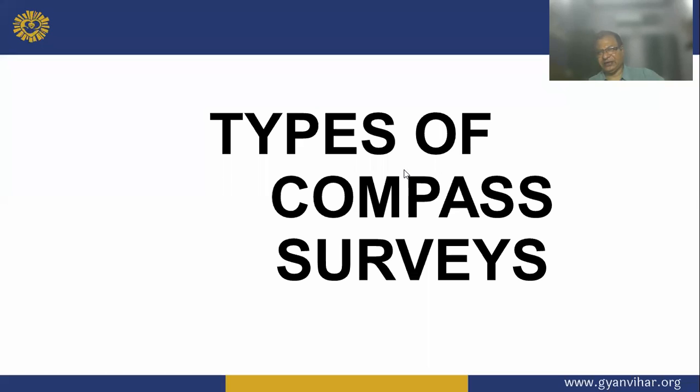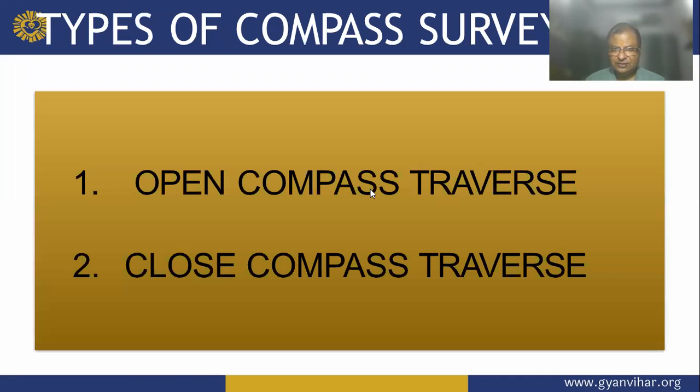Now, types of compass traverse. First, open compass traverse and closed compass traverse. This is the question. If you are doing an open compass traverse, open means a point is here and a point is here.